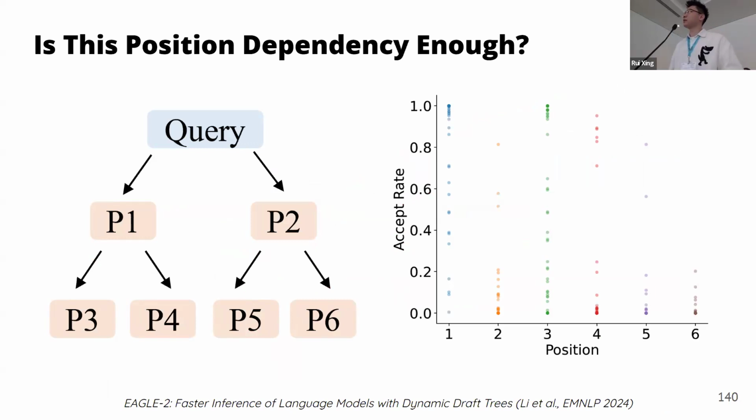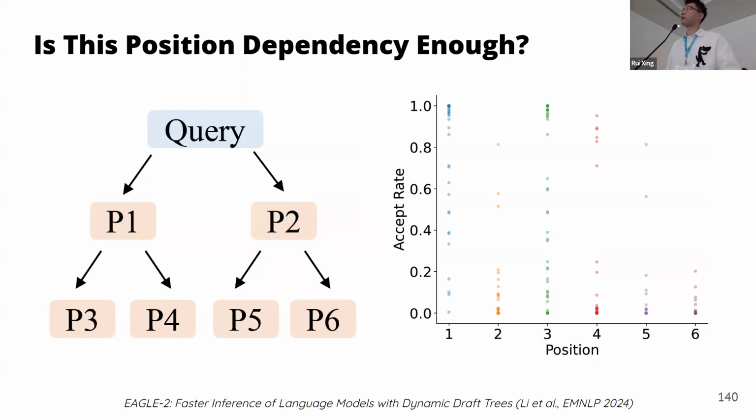In the paper of Eagle2, the authors investigated and visualized the acceptance rate from different positions. If we are given a query and we consider different positions of tokens, layer 1 means the top K predictions of the first draft token, and layer 2 means the top K predictions of the second draft token, right?